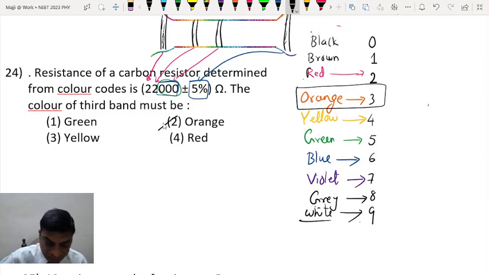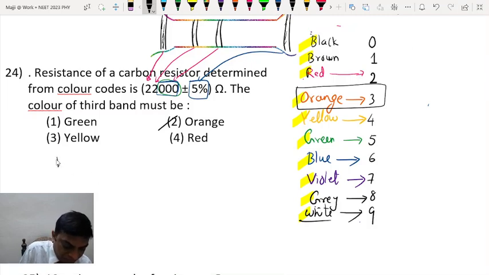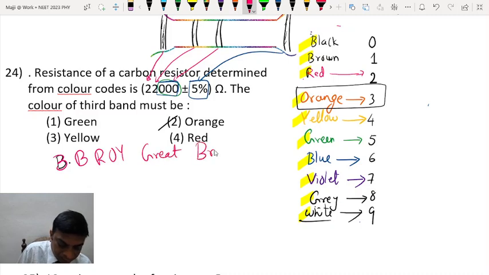Now the mnemonic says like this. Just take the initial alphabets: B, B, R, O, Y, G, B, V, G, W. The mnemonic is BB Roy, Great Britain, very good wife.